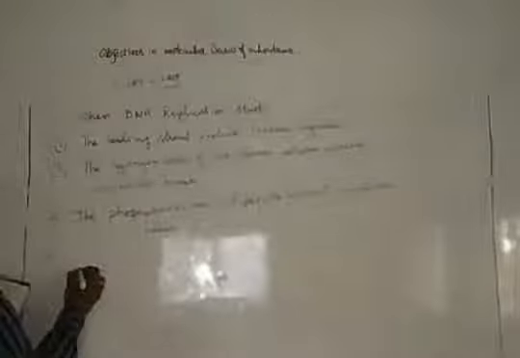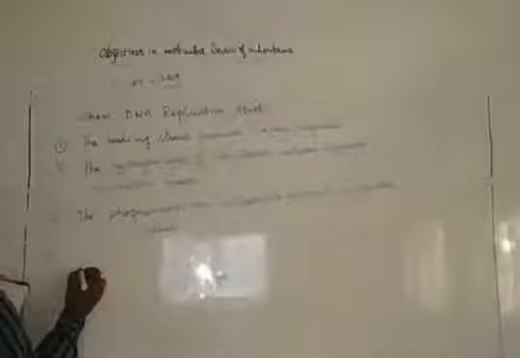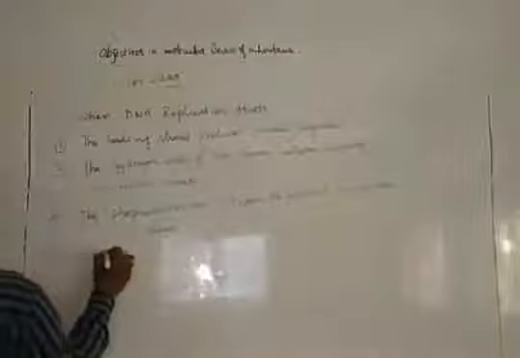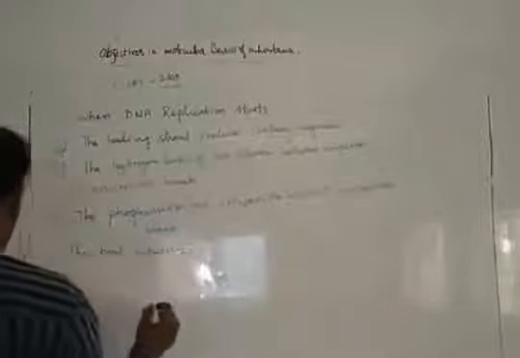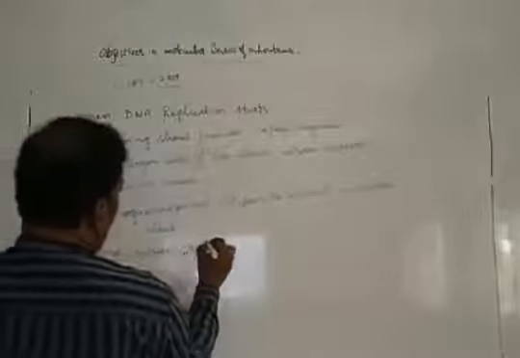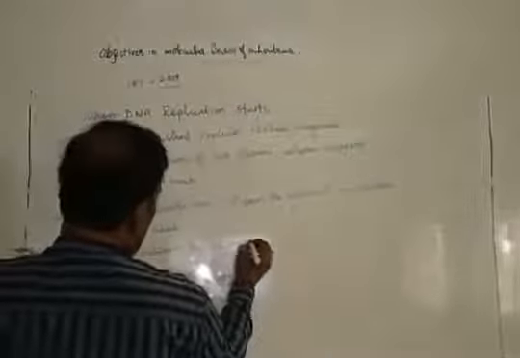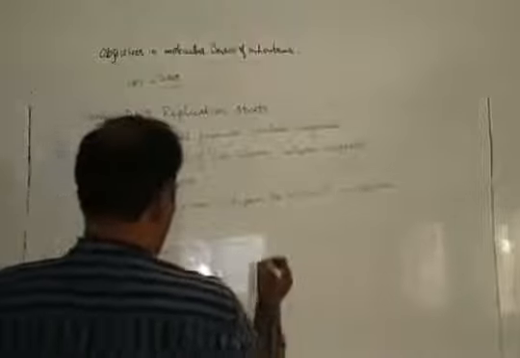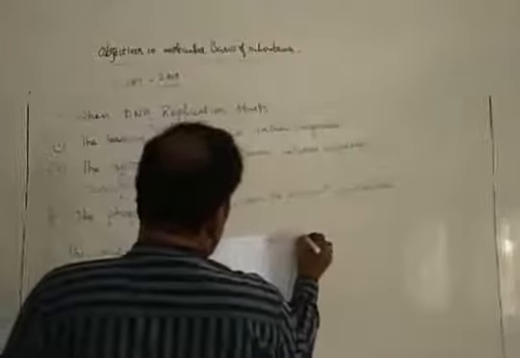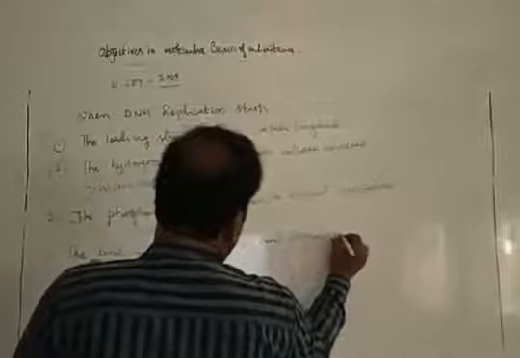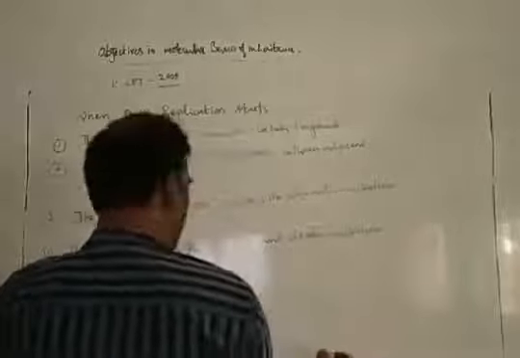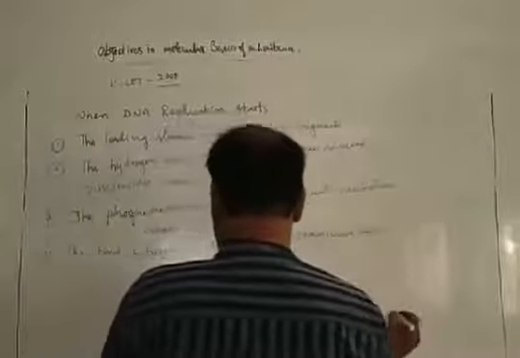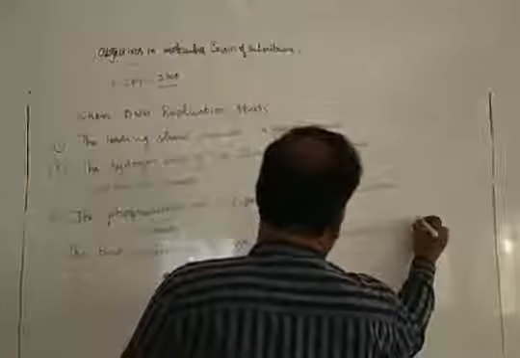Fourth option, the bond between the nitrogen base and the deoxyribose sugar breaks.